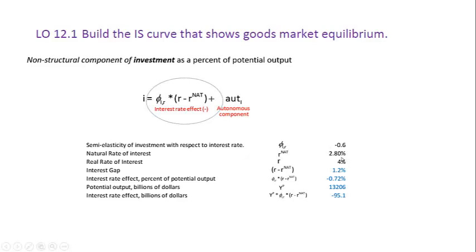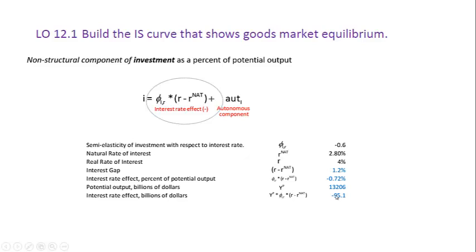Once again, if we keep with our example that the interest rate rises to 4% and the natural rate of interest is 2.8%, that means that this gap, 1.2%, will be cutting back our investments, and the cutback of investments will be approximately 0.72% of potential output.